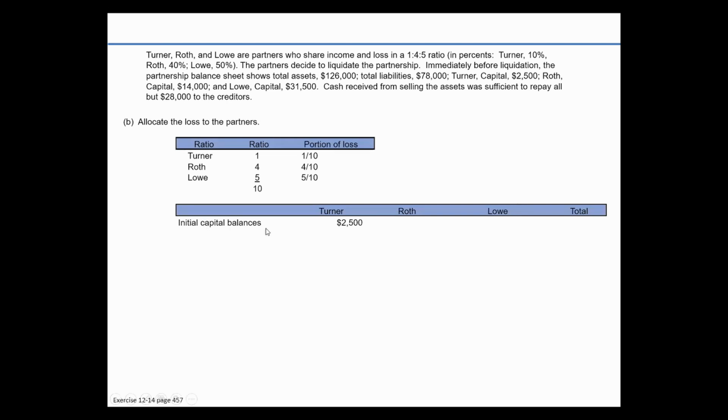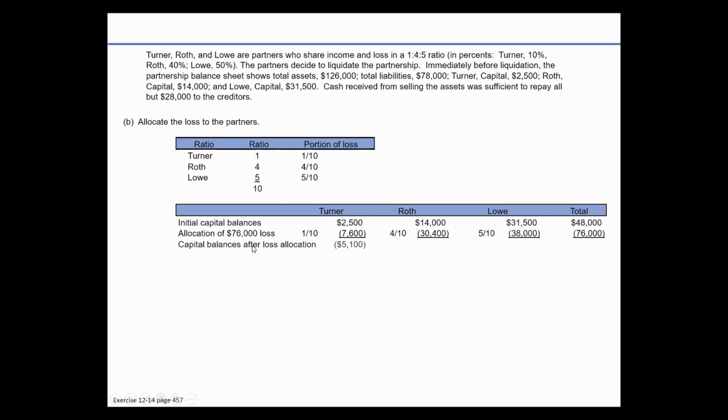So the initial capital balances are listed, and then the allocation of the loss. So again, 1/10 of 76,000 is 7,600 that Turner is responsible for. Roth would be 40%, which is 30,400, and then Lowe would be 50%, which is 38,000.